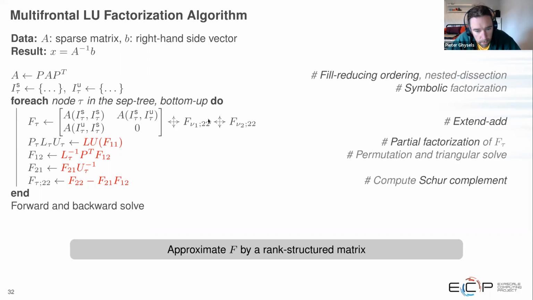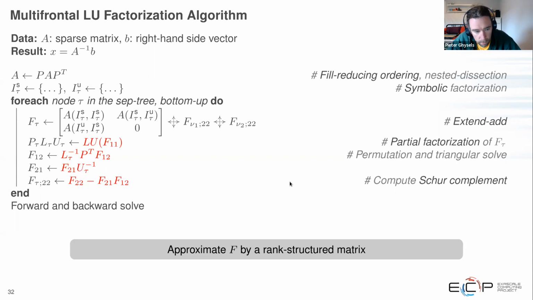So we add the Schur complement from the lower levels in the tree into this front. Then we compute a dense LU, do the dense triangular solves with L and with U, and finally compute this Schur complement update, which you then pass to the parent node.